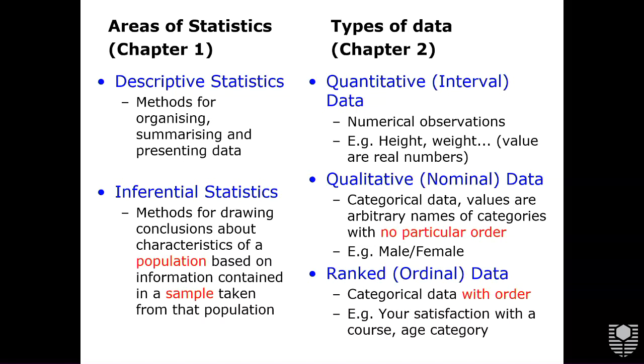Because later when we talk about the validation or the variability of this measurement, we're going to see which sort of variable measurement is suitable for this sort of descriptive statistics, or rather for the ranked data or qualitative or quantitative. So here, for example, your satisfaction with a course, age, or any other categories. So it has to be in order.